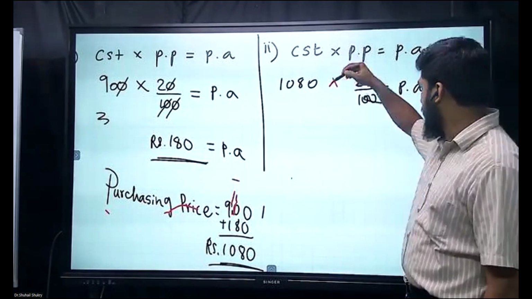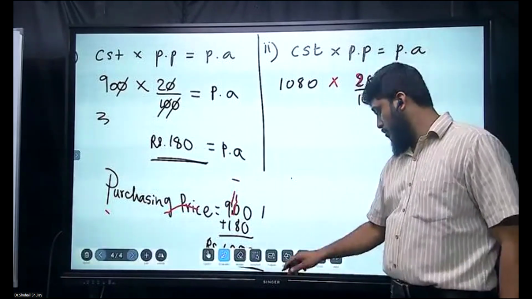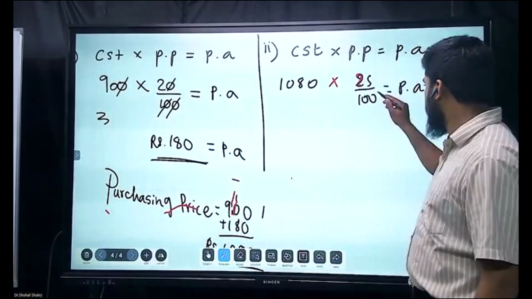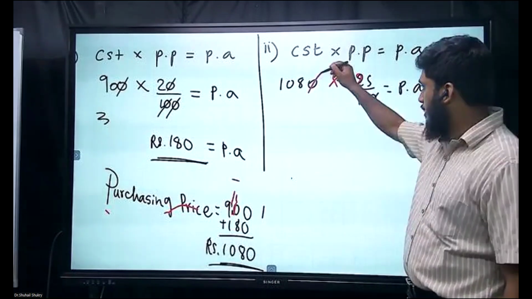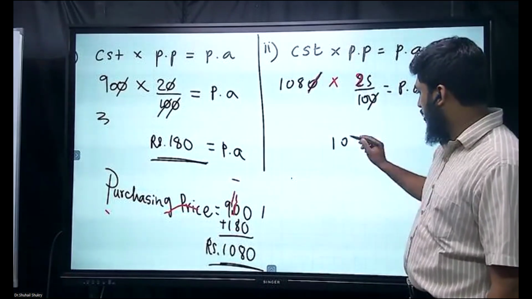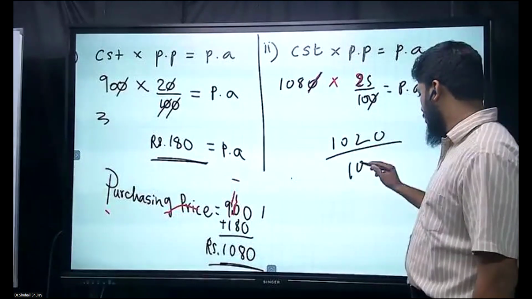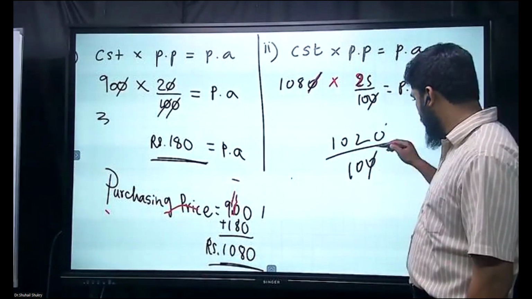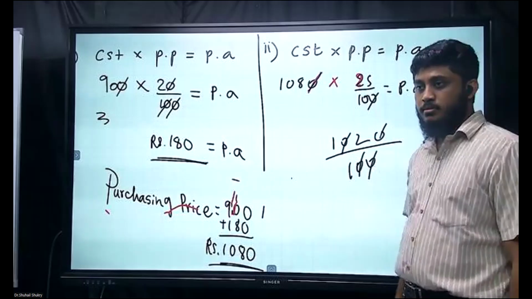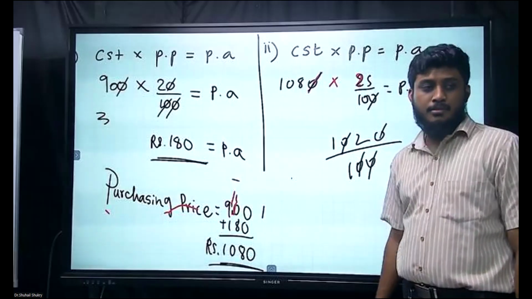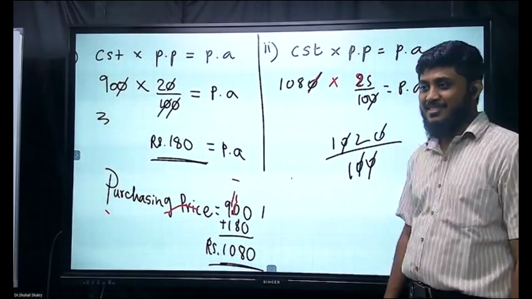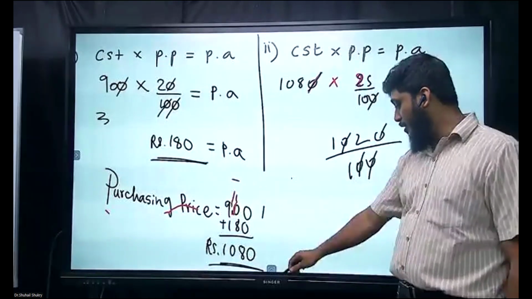2 zeros we can't cut. Only 1 zero we can cut. I can cut like this, no? Again, zeros we can't cut.